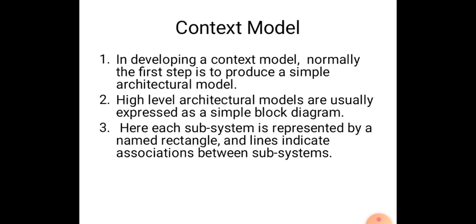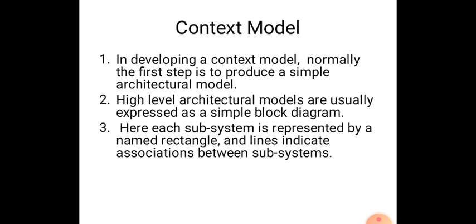Point number 2, high level architectural models are usually expressed as simple block diagrams. Students, you know, model is nothing but abstraction of something existing. So if you are going for a high level architectural model, basically you use block diagrams because they are very simple to understand.